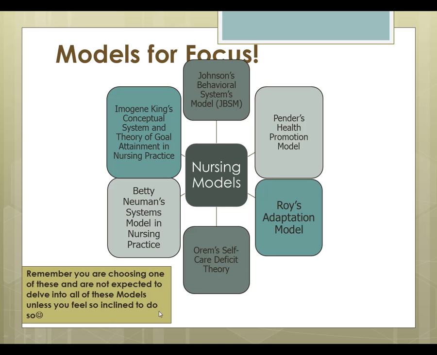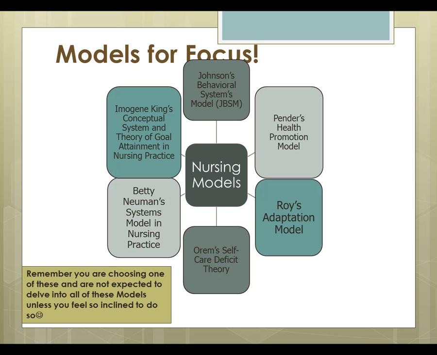Remember, all I'm doing is touching on each one of these models. You are choosing one of these, and you are not expected to delve into all of them. So I'm going to give a very brief overview, and you can decide which one you want to go in and learn more about. Of course, there are other models in your textbook that you can use, but just make sure that you're using a nursing model.